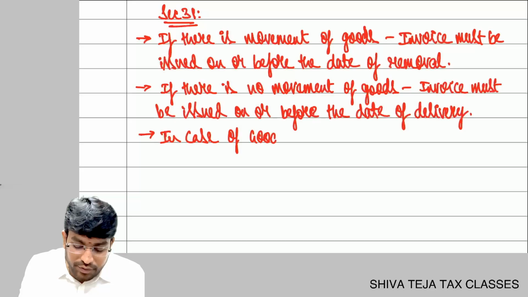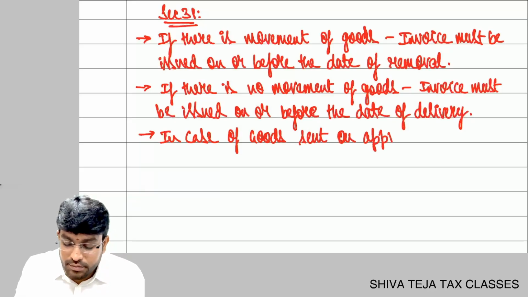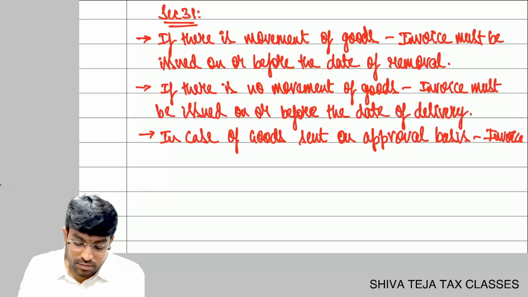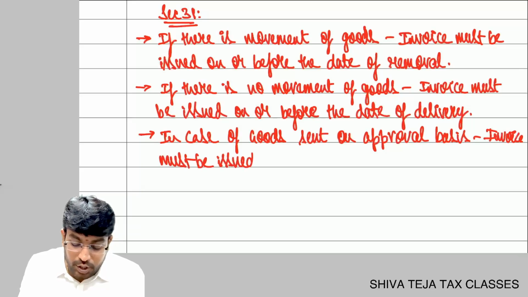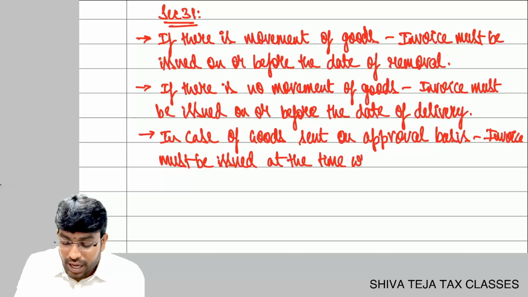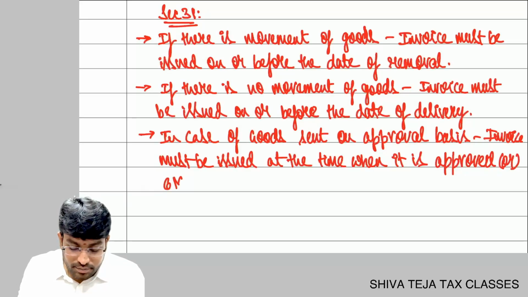Next. In case of goods sent on approval basis, invoice must be issued at the time when it is approved, or 6 months.